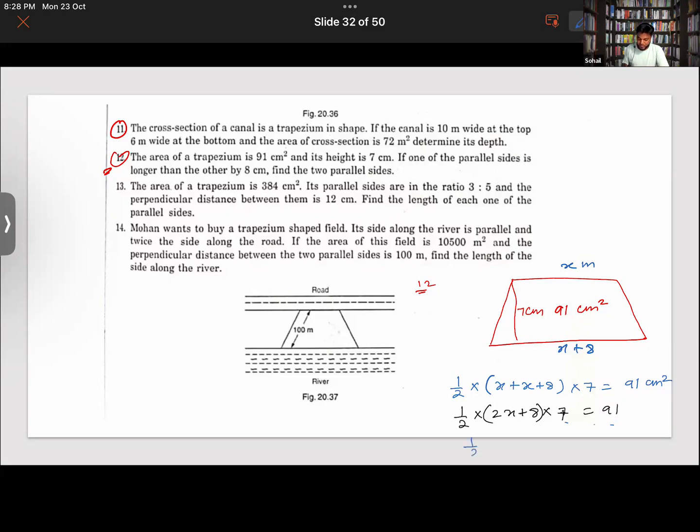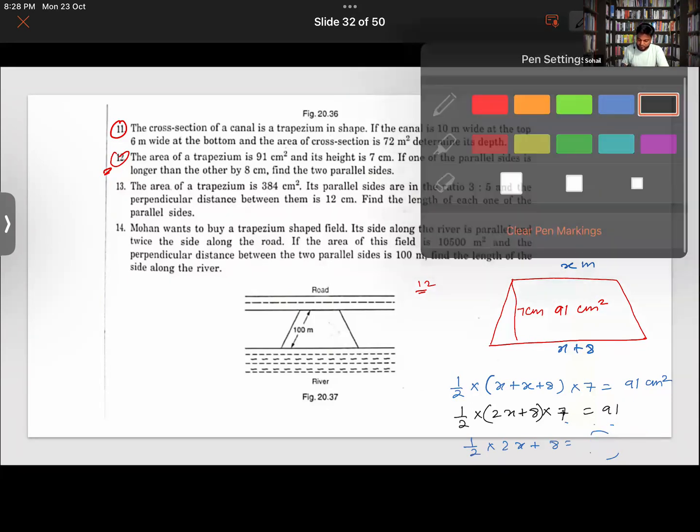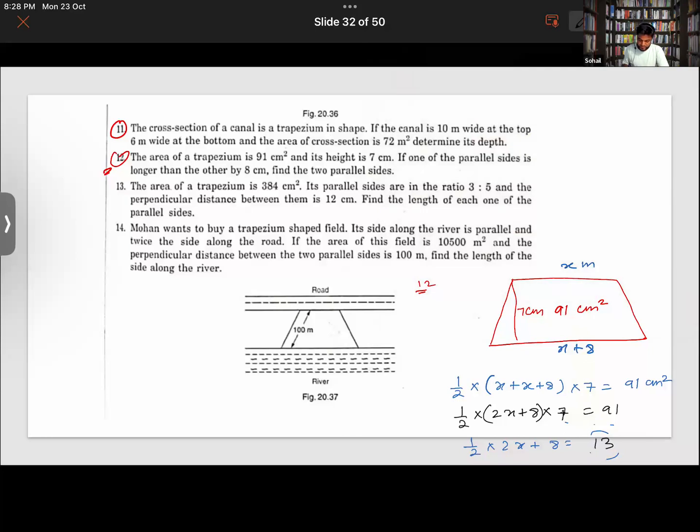So half into (2x plus 8) equals 91 upon 7, that is 13. The 2 and 2 are getting cancelled over here.